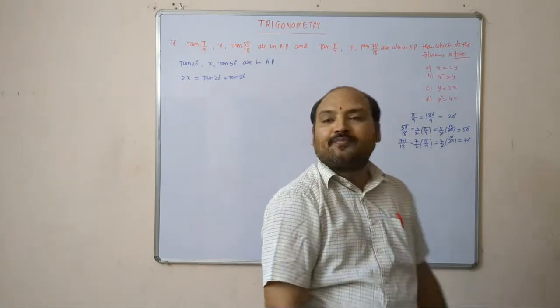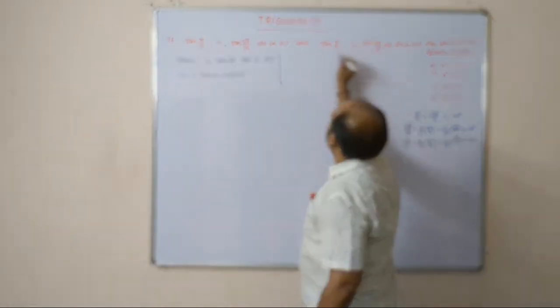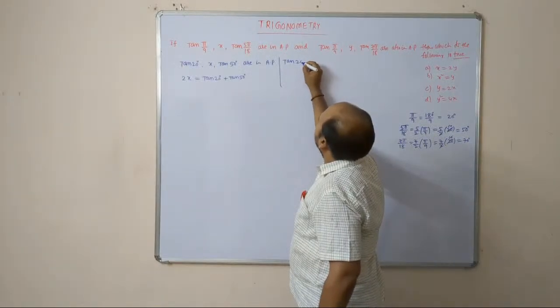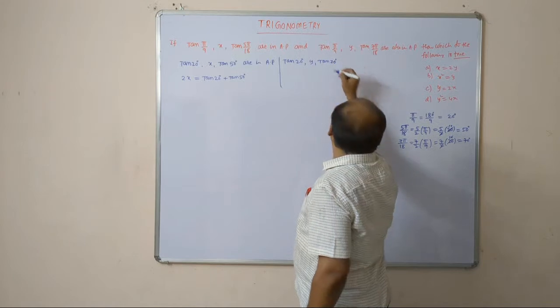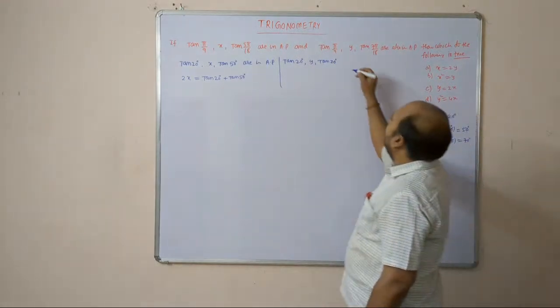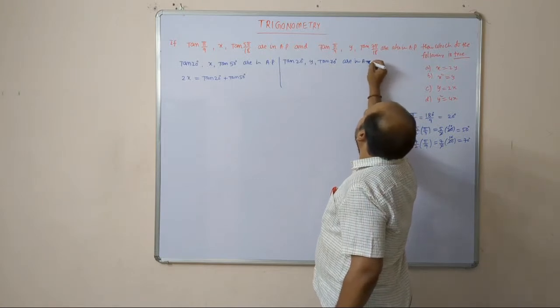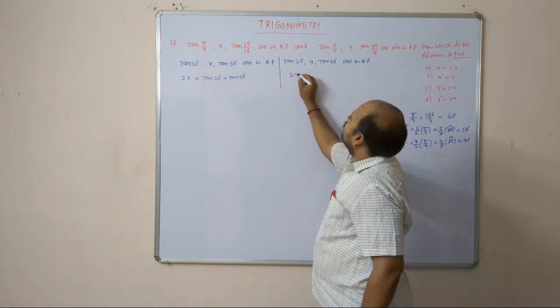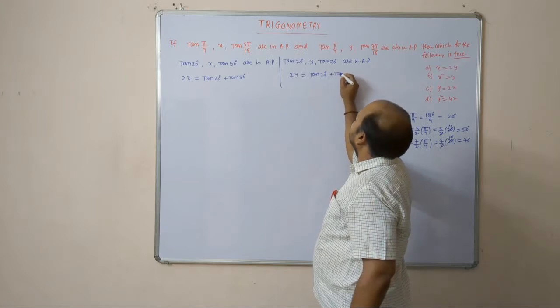Okay, we got it now. Next, come to here. Tan 20, y, tan 70 are in AP, then twice the middle equals the sum of the extremities.